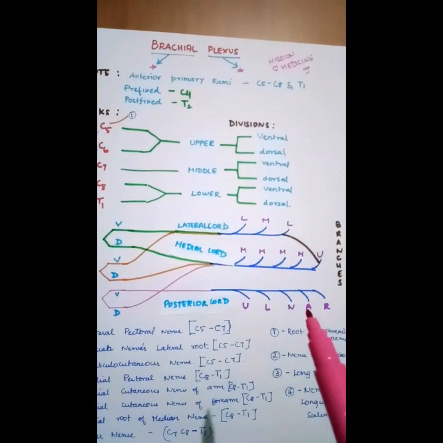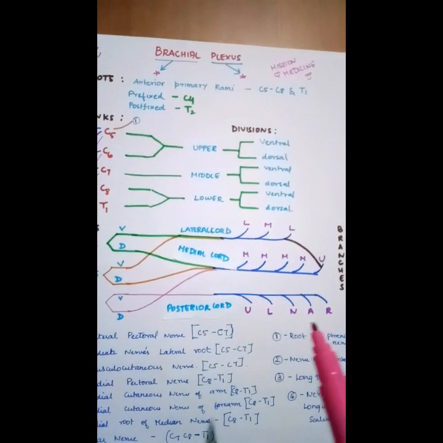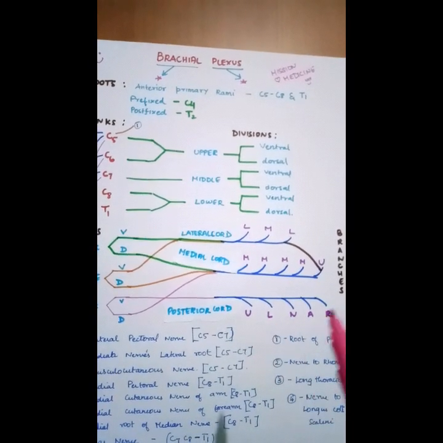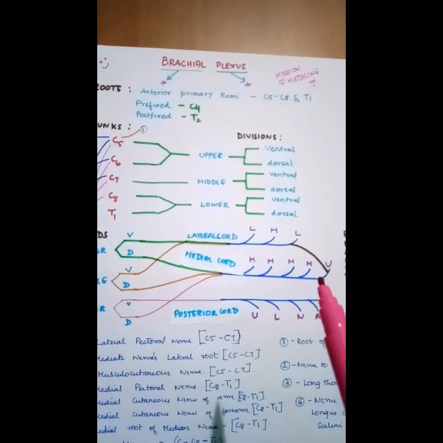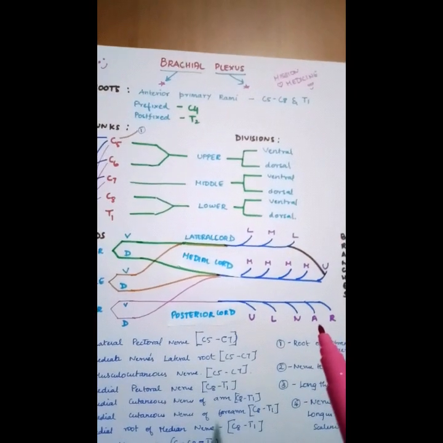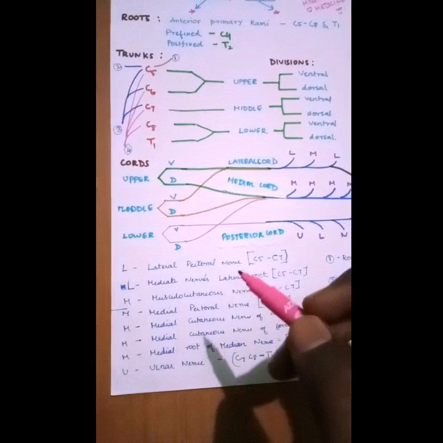But we have to concentrate on the fact that the posterior cord doesn't have any relation with the ulnar nerve. Ulnar nerve is a branch of the medial cord, but the mnemonic goes as ULNAR for the posterior cord. Let us see what those mnemonics stand for.